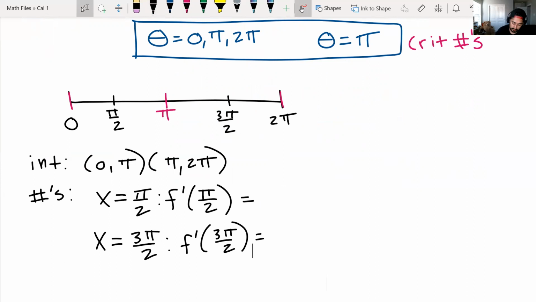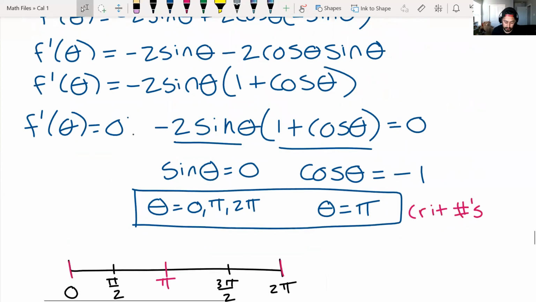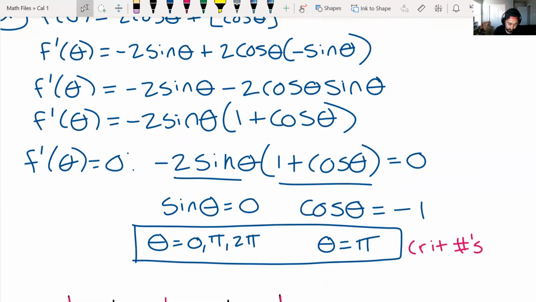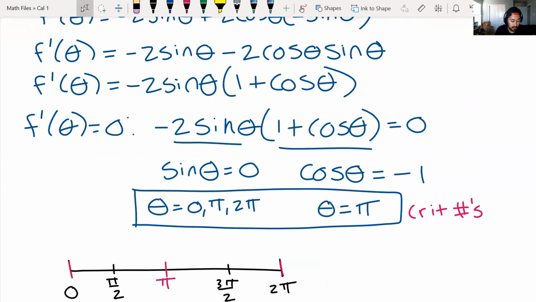Okay, so what was my first derivative? Make sure you are in radians. Okay, my first derivative was right there: negative 2 sine x times 1 plus cosine x.